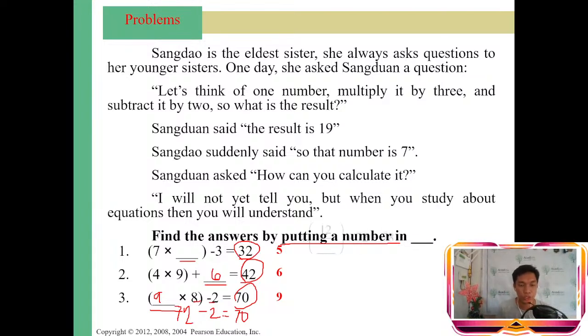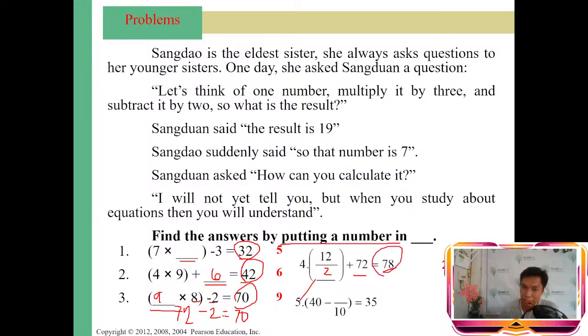Now let's proceed to the next part. How about this one? What number can we divide, then add 72, to get 78? 12 divided by 2 equals 6, and 6 plus 72 equals 78.